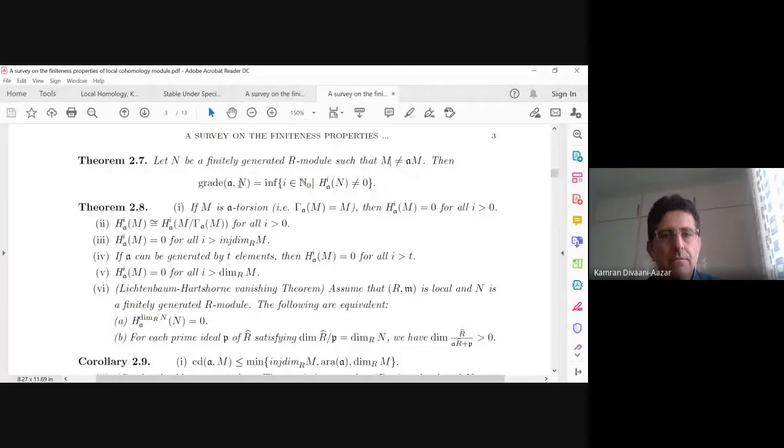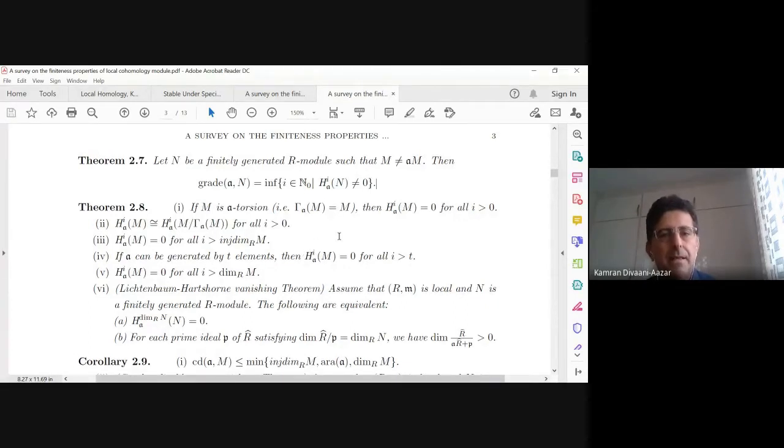Then the grade of N with respect to A is the infimum of the i's such that H^i of N with respect to A is not zero. So the minimum place where local cohomology of N with respect to A is not zero is completely determined by this theorem. But for the supremum of places where local cohomology is not zero, the situation is not so easy. It's challenging.